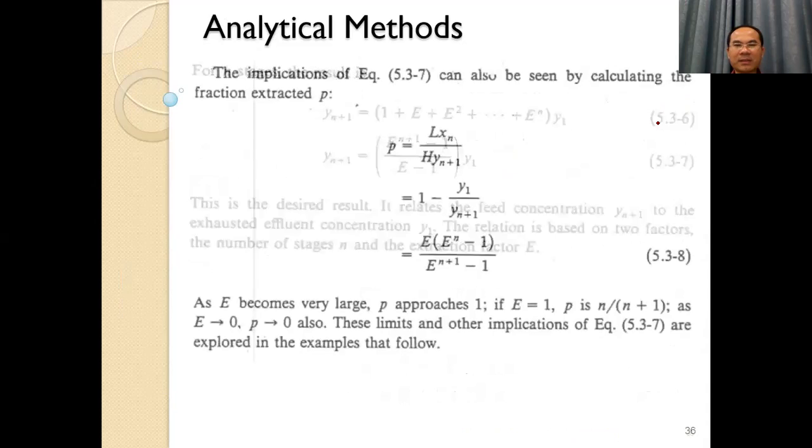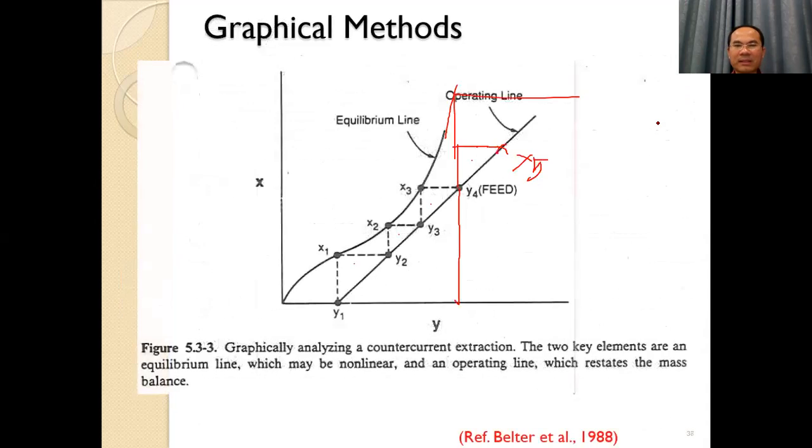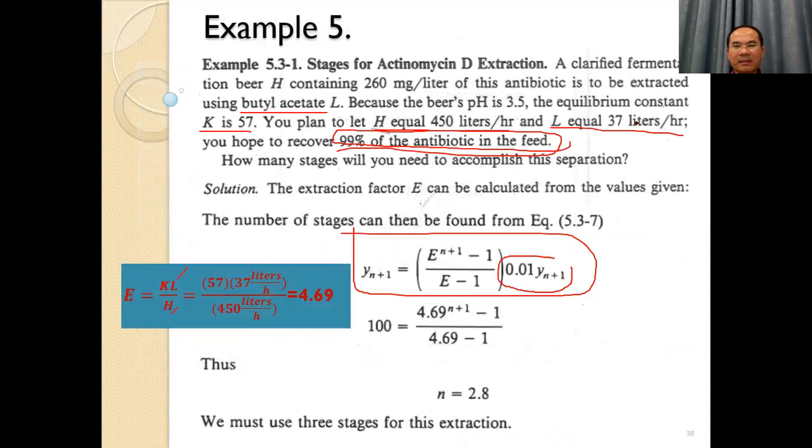For this case, the solute concentration in the output, or in the heavy phase, is only 1% of the feed, because 99% is removed to the butyl acetate. That means only 1% of the feed. y1 equals 1% of y(n+1), because y(n+1) is solute in the feed. That means solute in the feed is 1%, 0.01.